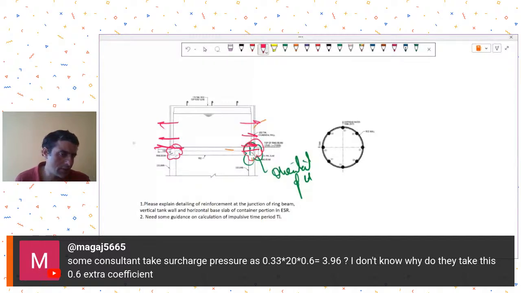So just check whether this orientation of beam is good, or possibly an orientation like this may be more beneficial. Just check that out, because remember this ring beam has to take both. That means it has to take the loads for gravity also, because this ring beam is supported on these 8 columns, as well as it has to resist the hoop tension also. So first of all, just have a look whether changing the orientation provides you any benefit.